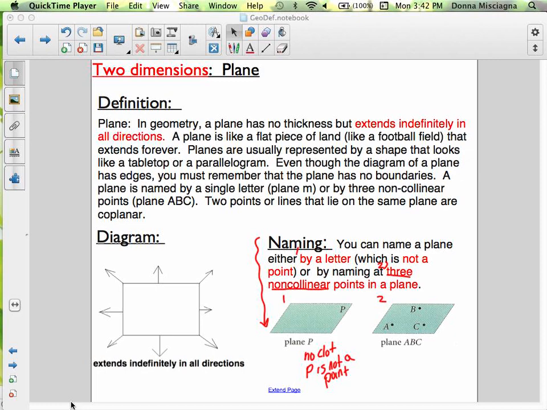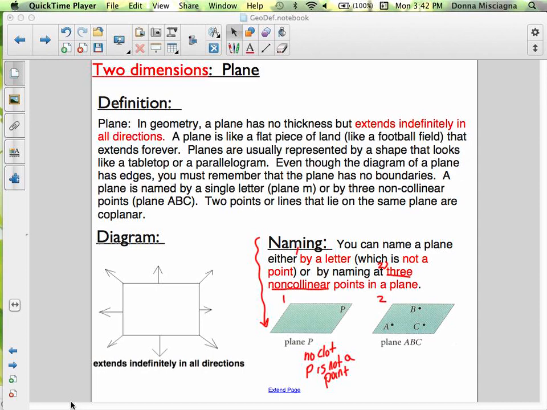We can also use 3 non-collinear points. Make sure, I want you to underline the words 3 and non-collinear. So don't tell me 4, don't tell me 2. Tell me 3, because I need 3. 3 points that are not in a line are going to show 2 dimensions. So that's why it has to be non-collinear. Right? So there's an infinite number of points on a line.